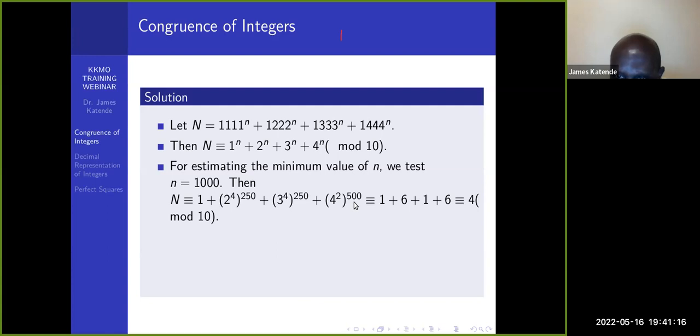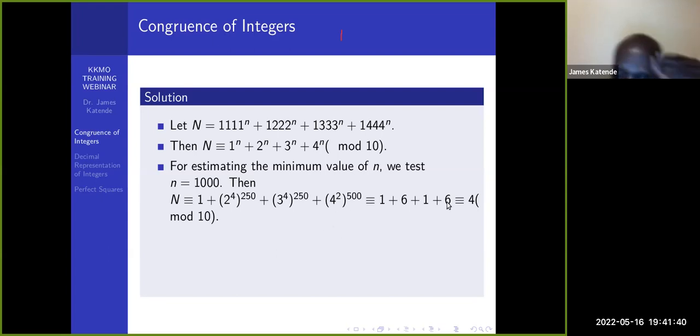And now, if you are considering this modulo 10, the remainder: 2 raised to 4 will give you remainder 6 modulo 10, and 3 raised to 4 will give you remainder 1 modulo 10, and so on. 4 raised to 2 will give you remainder 6 modulo 10.